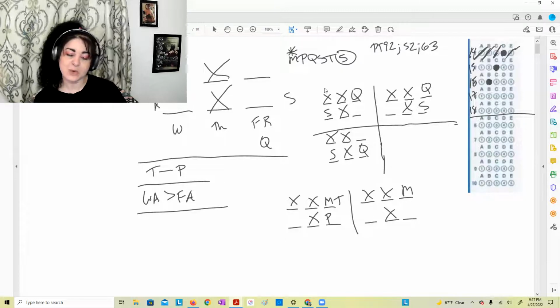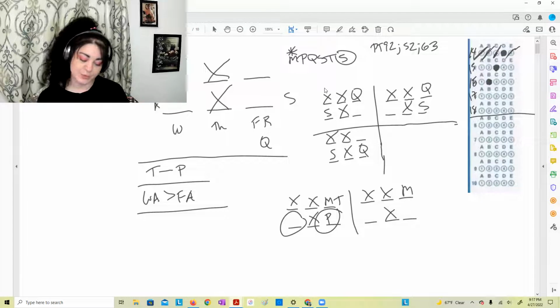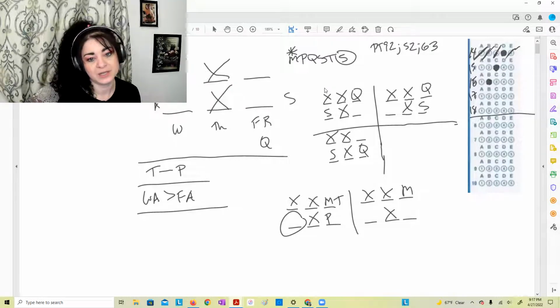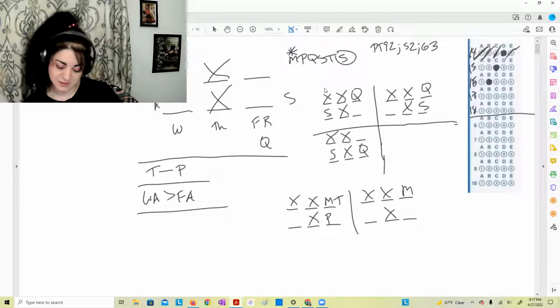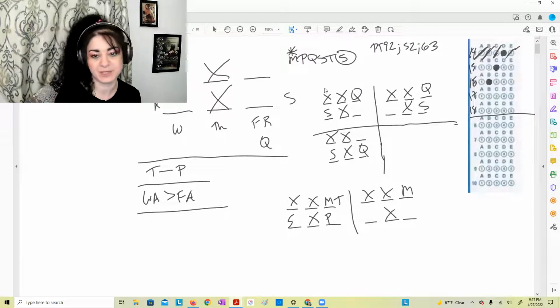Because then there would be no way for this to have more than that. Because Q needs to be on Friday, which would leave only S possibly here. So this isn't going to work. We can't put T and P over there.